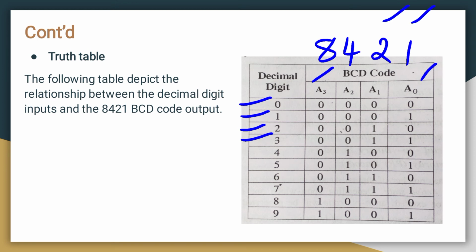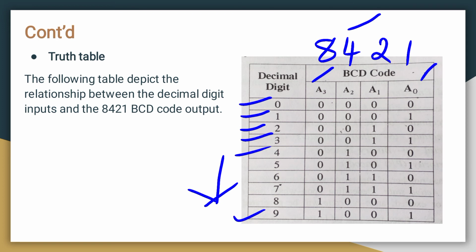Nothing but 2 plus 1 is 3. Clear? So for this we have written 1 1. Clear? So next, if I want 4, I have to write 1 for the place for 4. So like this we have to continue up to the end.